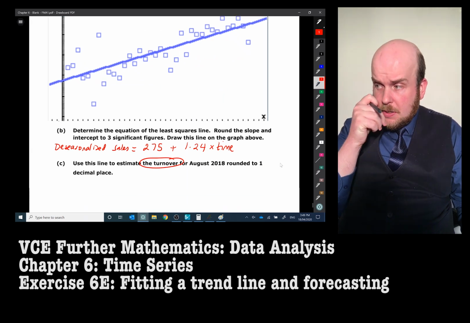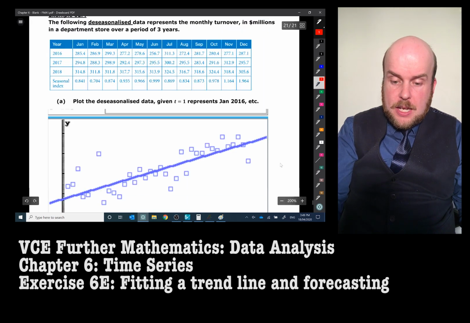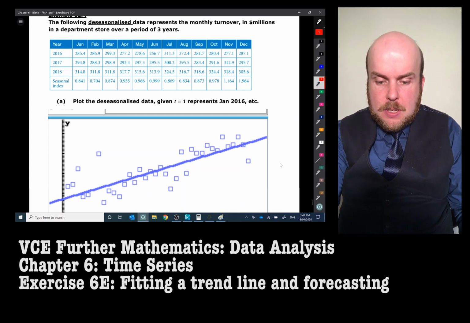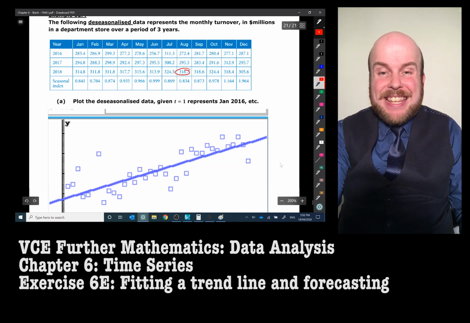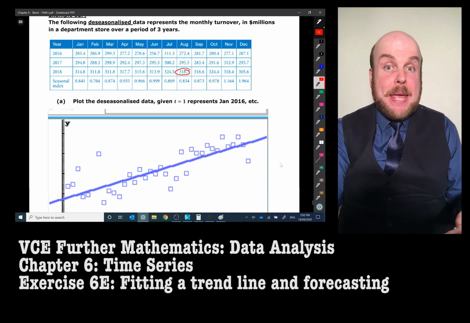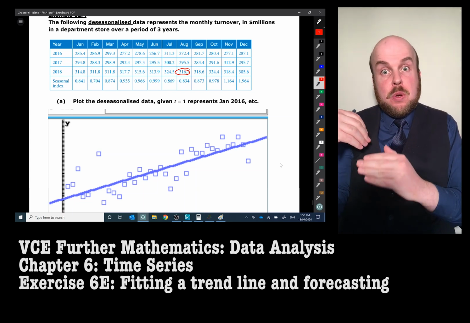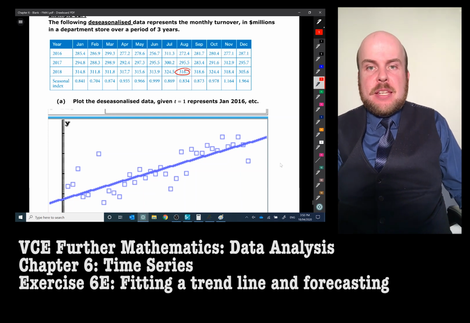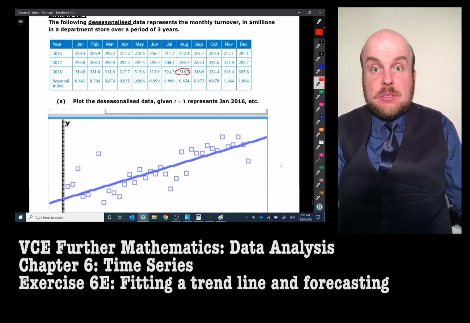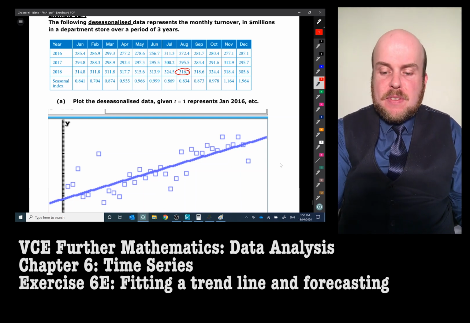All right, sure, why not? So August 2018 is going to be 1, 2, 3. So that which is here, we need to estimate it though. So we're probably having to compare between the actual value and the deseasonalized value.